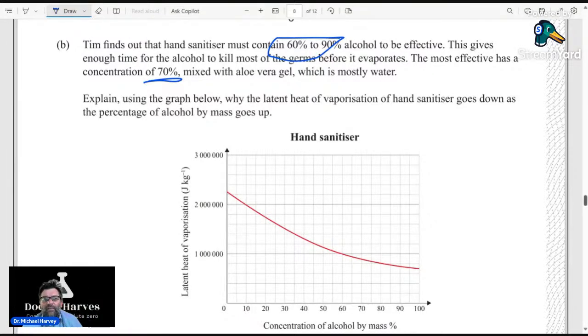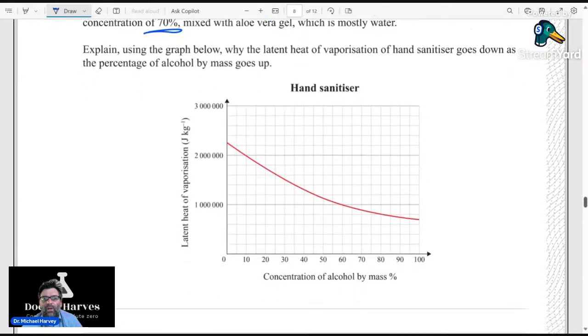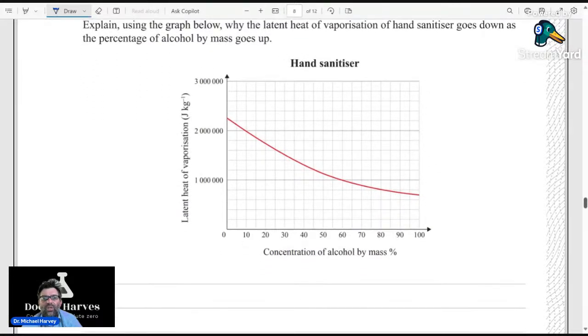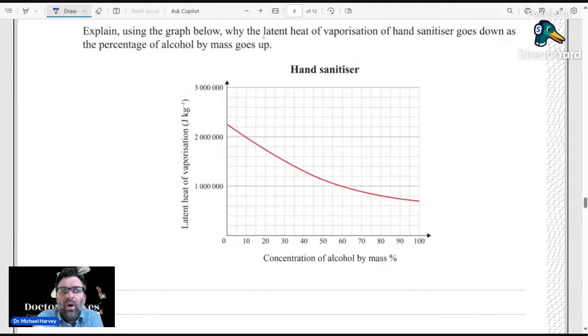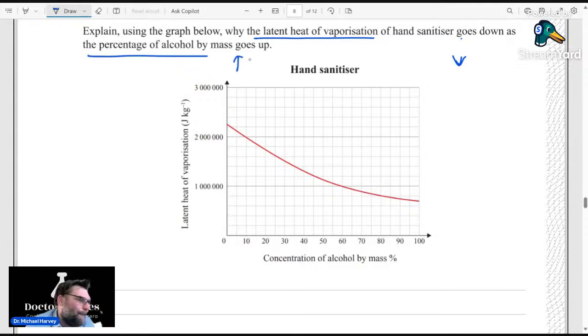Explain using the graph below why the latent heat of vaporization of a hand sanitizer goes down as the percentage of alcohol by mass goes up. Okay, so why latent heat of vaporization goes down as the percentage of alcohol goes up. So basically, as the alcohol concentration goes up, the percentage of water goes down.